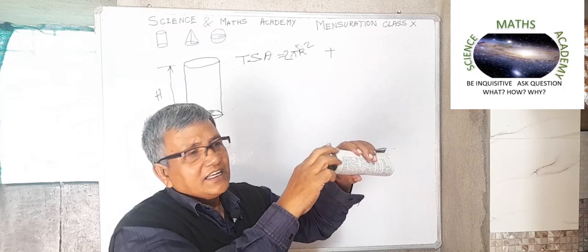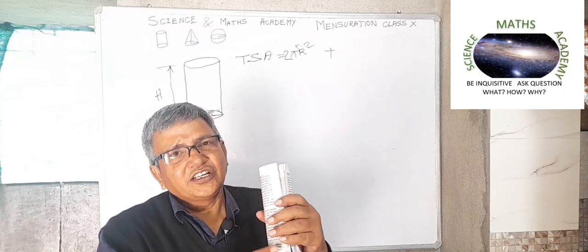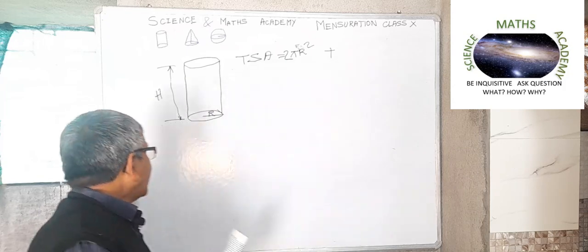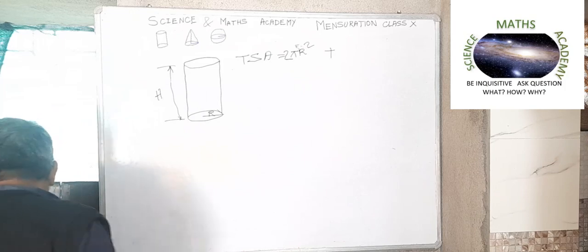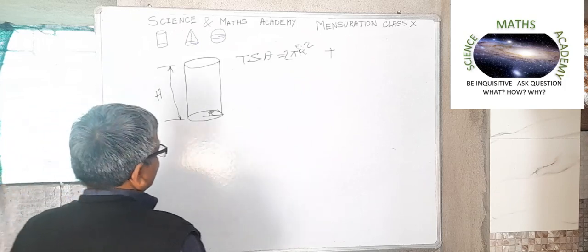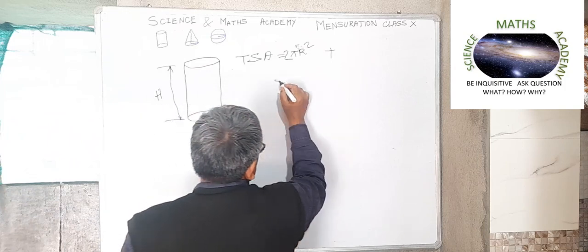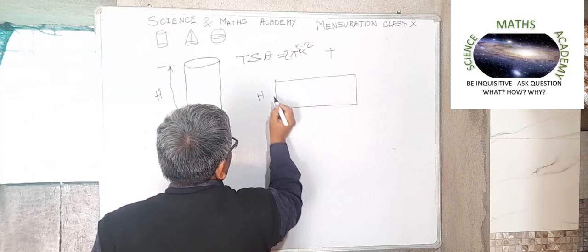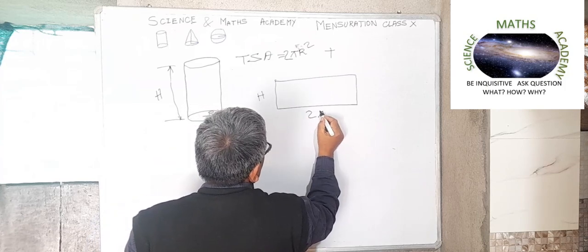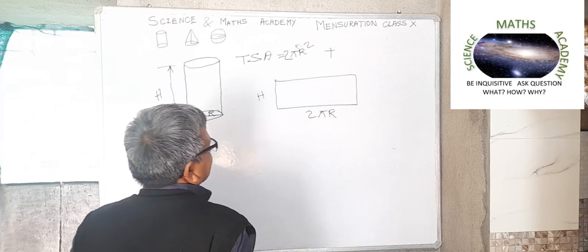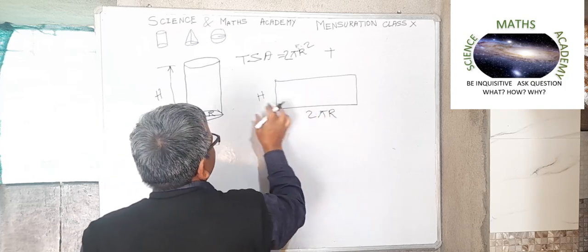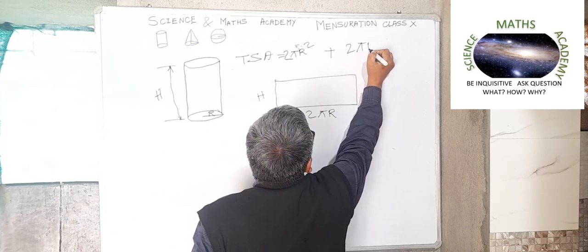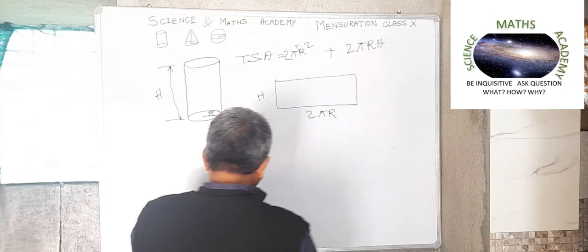This is the circumference, 2 pi r, and this is h. So if you cut it, you get a rectangle. This is h, this is 2 pi r. Sir, area will be length into breadth, 2 pi r h. Clear, sir?